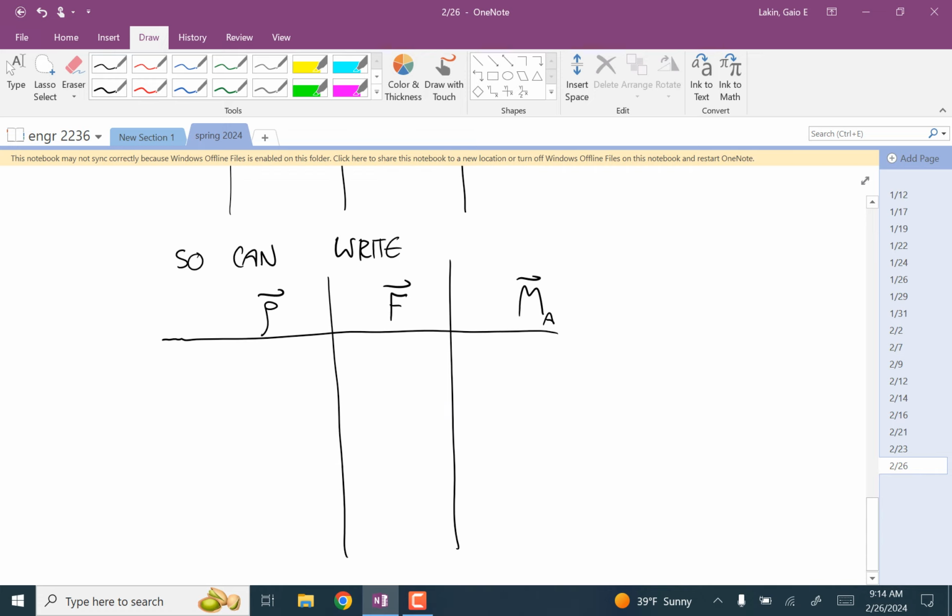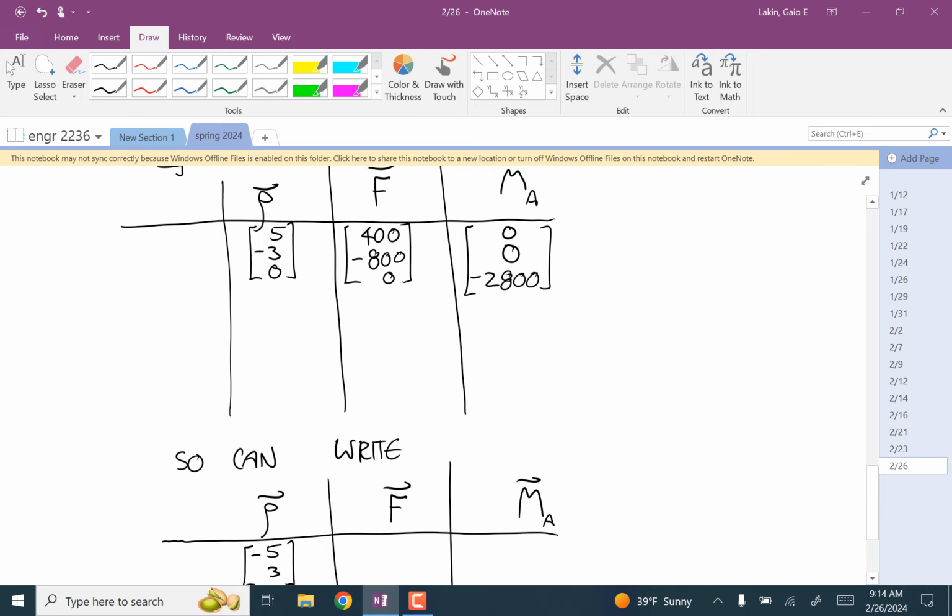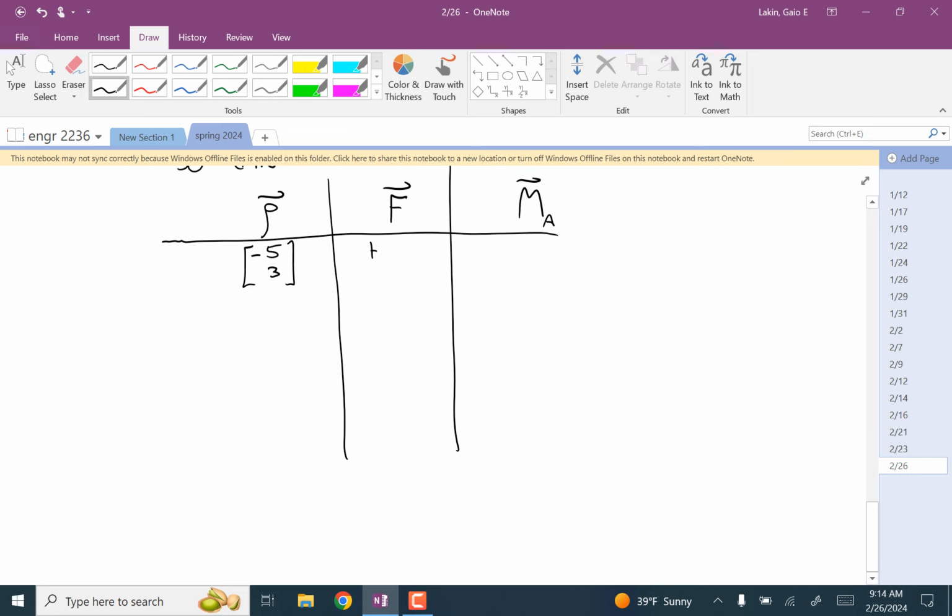I'm going to just leave off the z's here. So 5, negative 3. 400, negative 800.